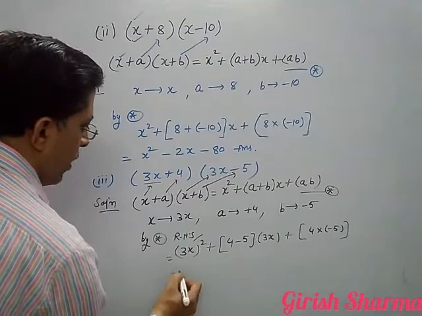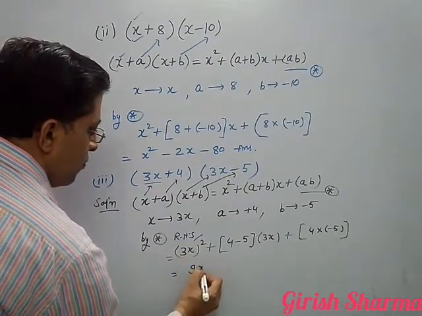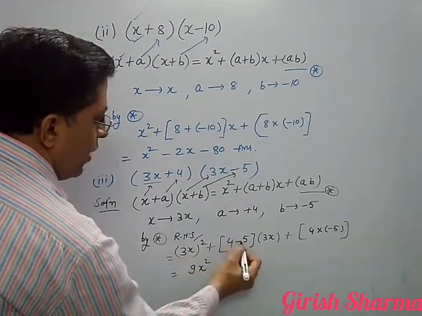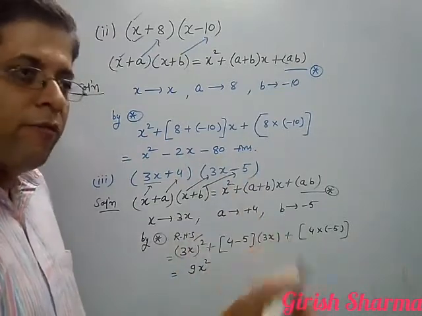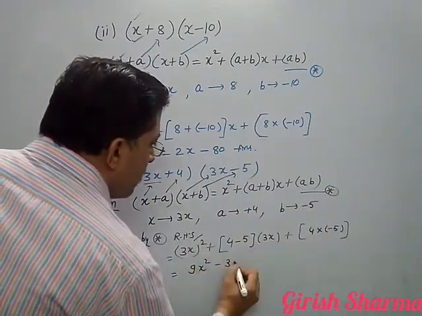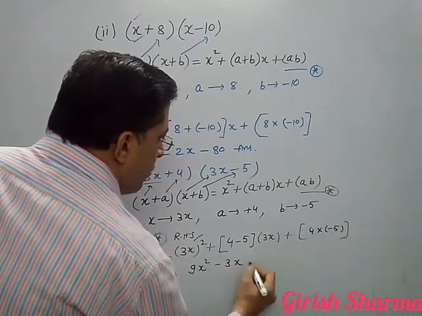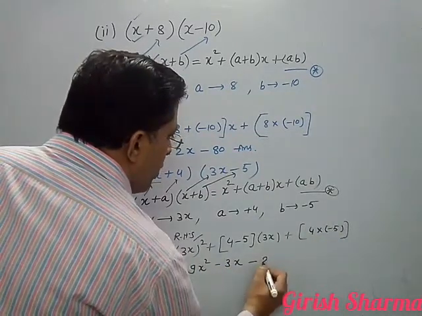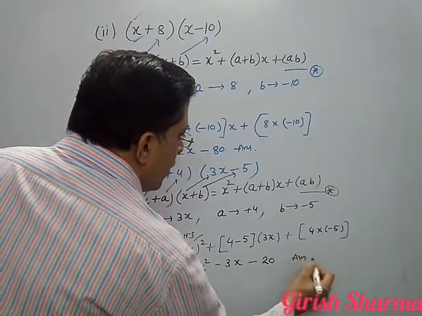See here, 3 square, 3 into 3 is 9, 9x². This is 4 minus 5 is minus 1. Minus 1 into 3 is minus 3. Then minus 3x, then plus into minus is minus, 5 4s are 20. This is your answer.